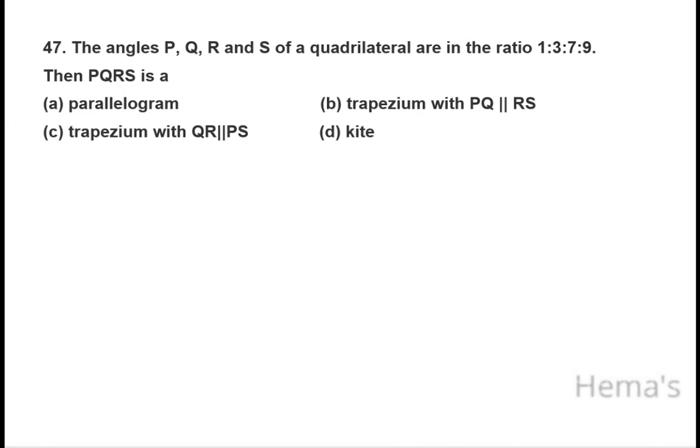Question 47. The angles P, Q, R and S of a quadrilateral are in the ratio 1 is to 3 is to 7 is to 9. And we know that the sum of all the interior angles of a quadrilateral is equal to 360 degrees. Therefore, 1x plus 3x plus 7x plus 9x should be equal to 360 degrees.